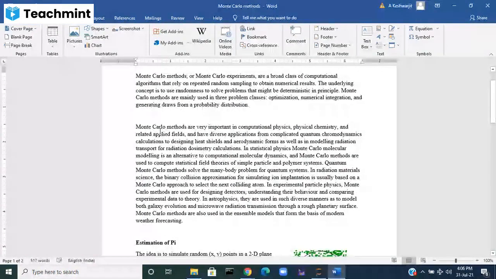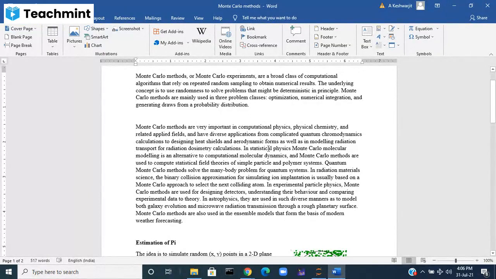Monte Carlo methods are very important in computational physics, physical chemistry, and related applied fields, and have diverse applications from complicated quantum chromodynamics calculations to designing heat shields and aerodynamic forms, as well as in modeling radiation transport for radiation dosimetry calculations.